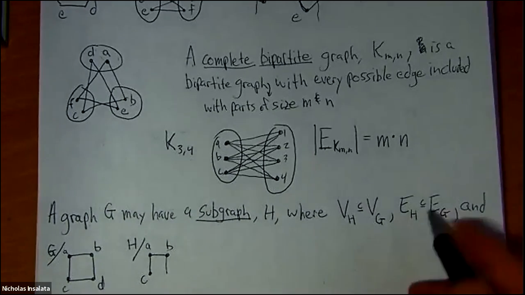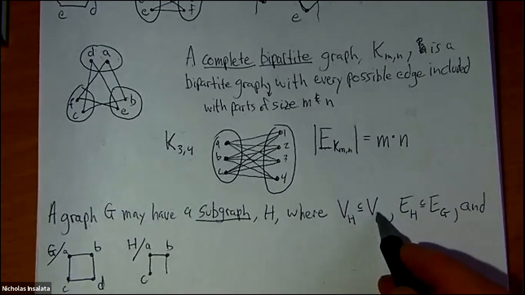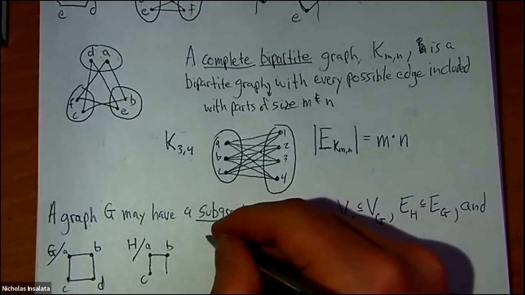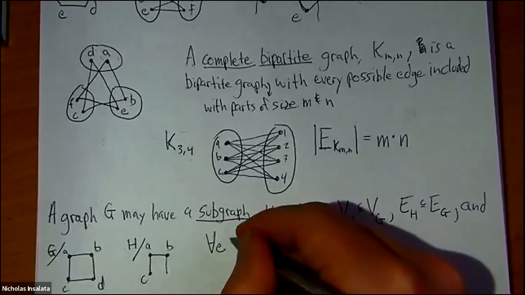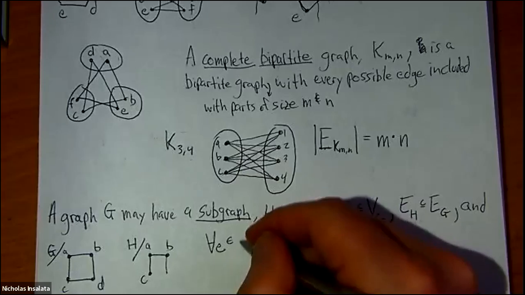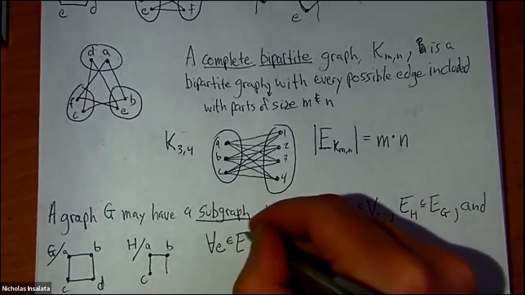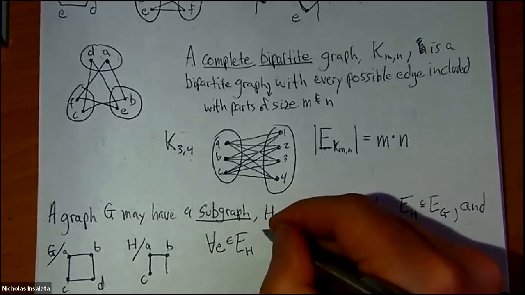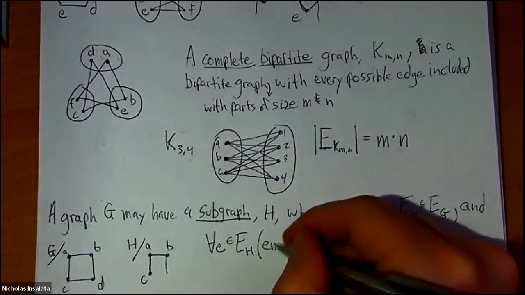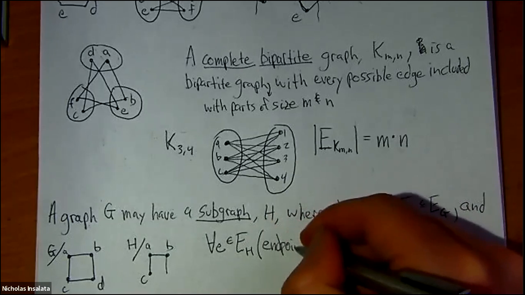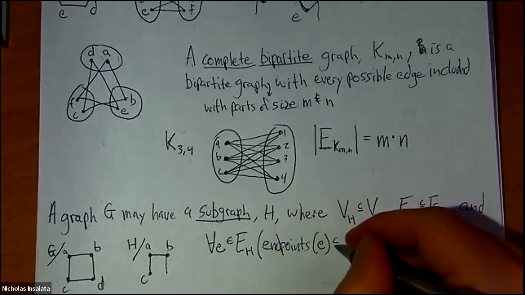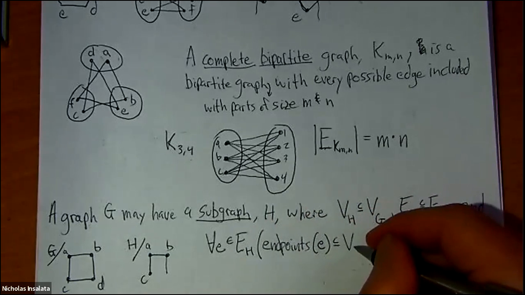So the vertex set is contained, the edge set is contained, and for all edges in the edge set of H, the endpoints of E are contained in the vertex set of H.